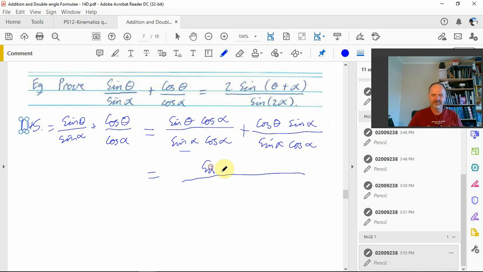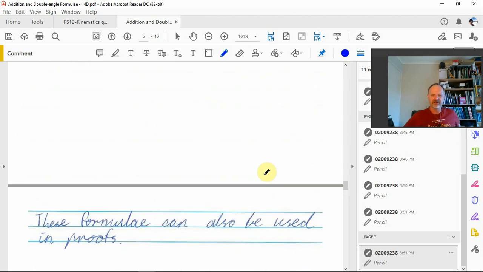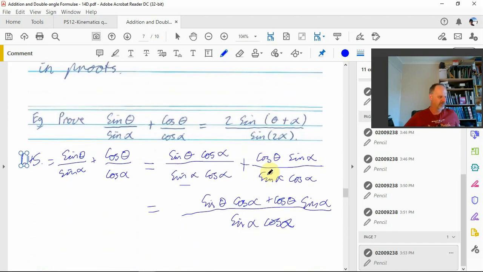And then I can put those things together. So sine theta cos alpha plus cos theta sine alpha. All right. And then on the bottom, sine alpha cos alpha. Now when we go back to our addition and double angle formulas, and I should have put the formula sheet up, but I didn't.